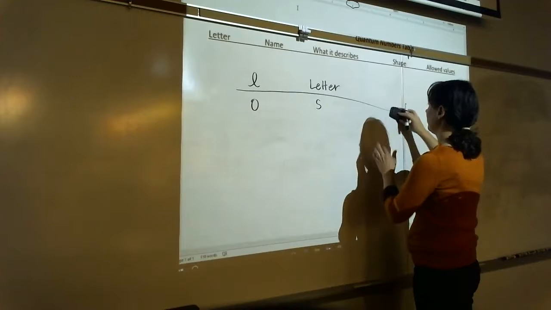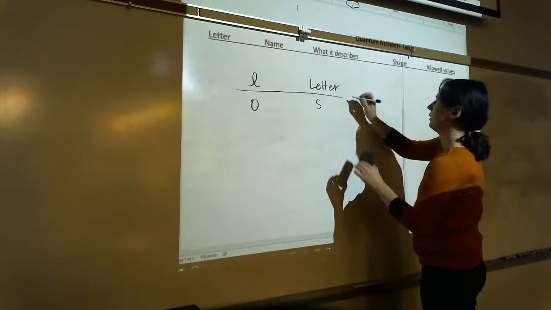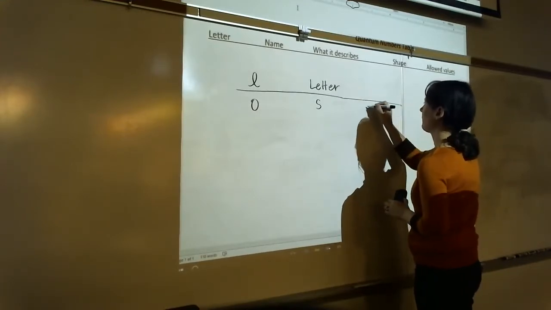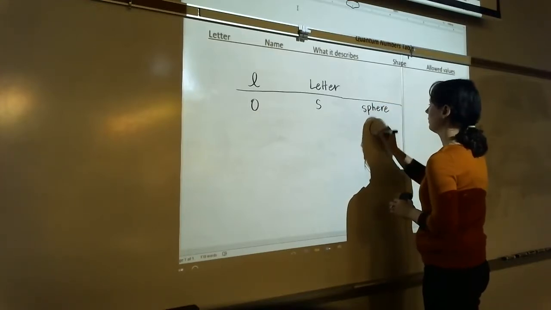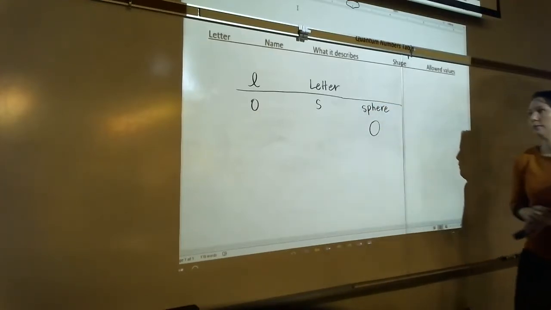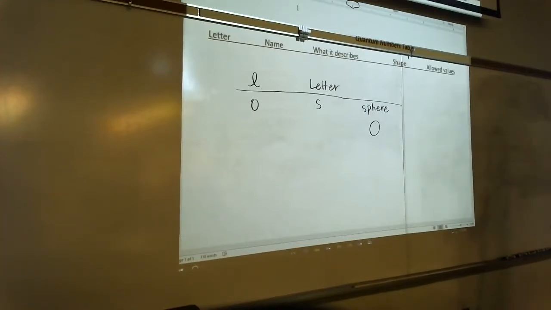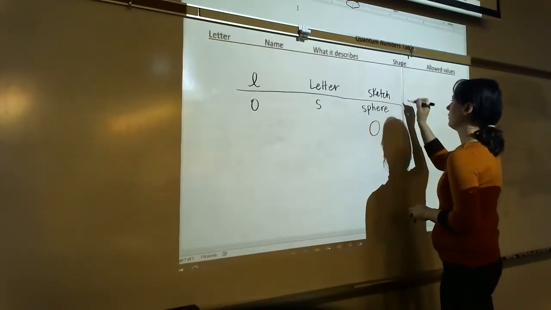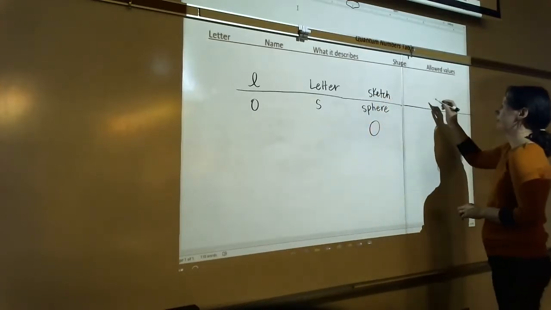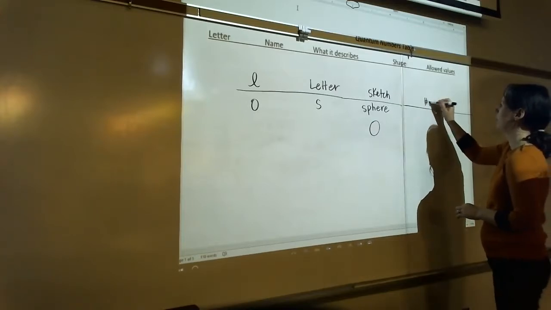And it looks like a sphere. Okay, looks like a sphere. And let's go ahead and make another column, number of orientations.